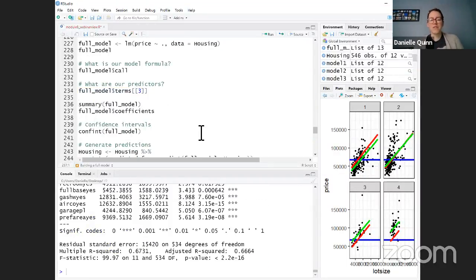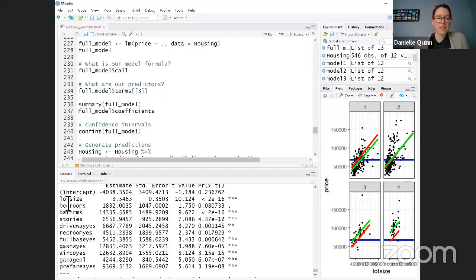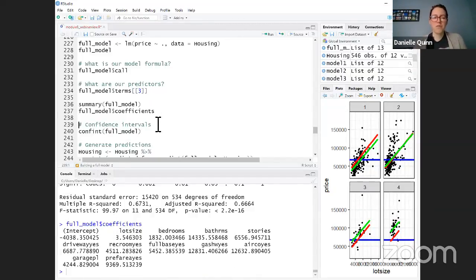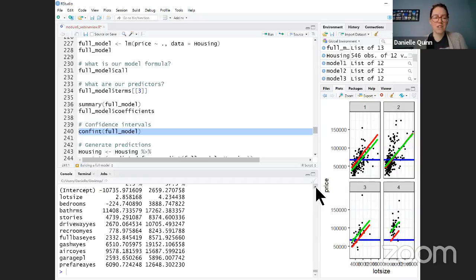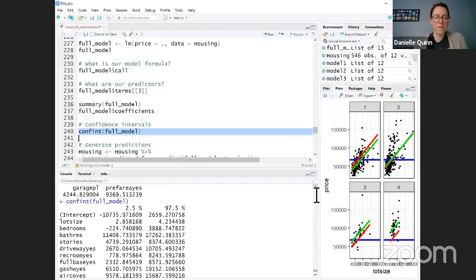We can look at a summary of the full model. Immediately just looking at adjusted R squared, it's gone up to about 66%. We have lots of information here about all of the different variables, and we're going to talk more about this in a moment. We could pull out just the coefficients. We could use that confint function that we've already seen to look at the confidence intervals around those coefficients, right?